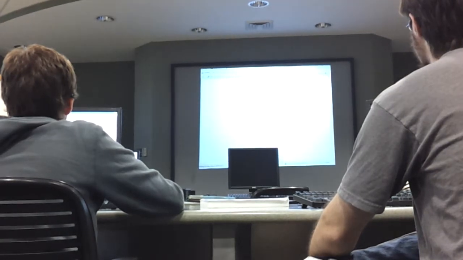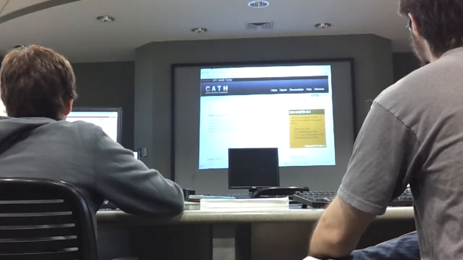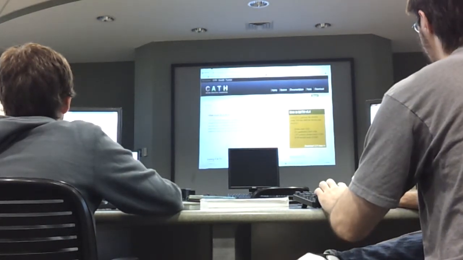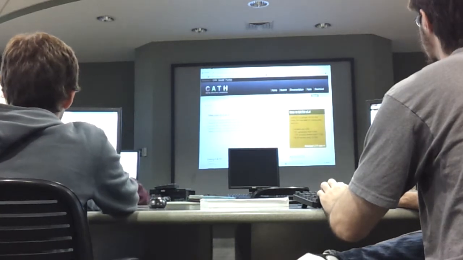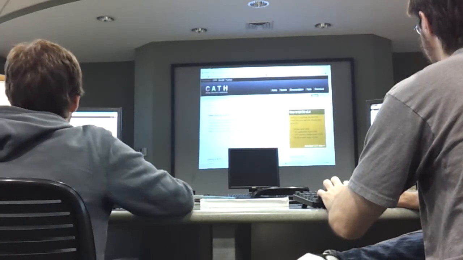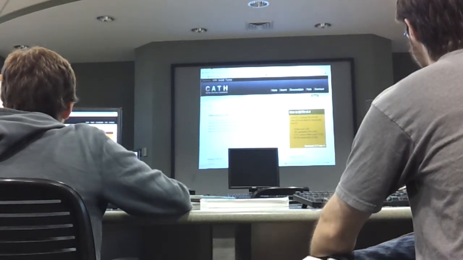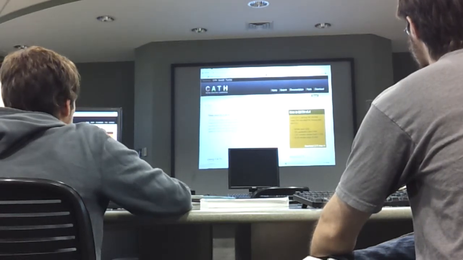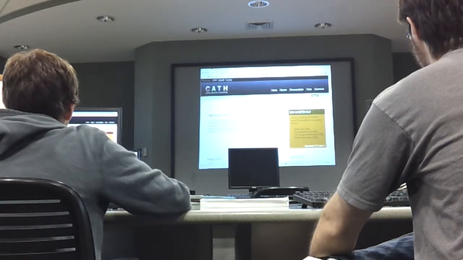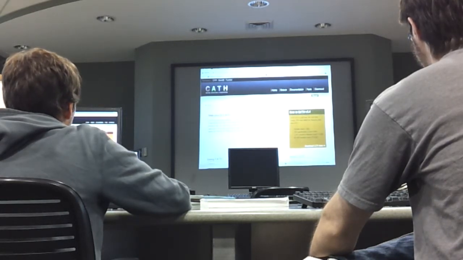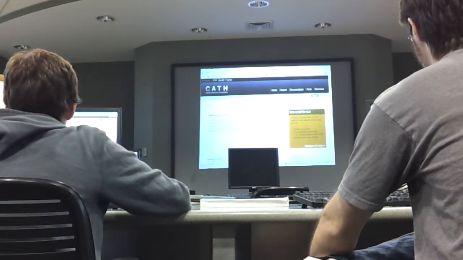In Google type in CATH database, it'll probably be the first thing there. You can either scroll down to the bottom of that page and copy the amino acid sequence, or you can click the little button called FASTA, and that will give you nothing but the amino acid sequence.